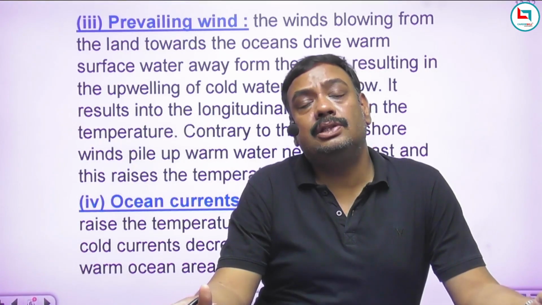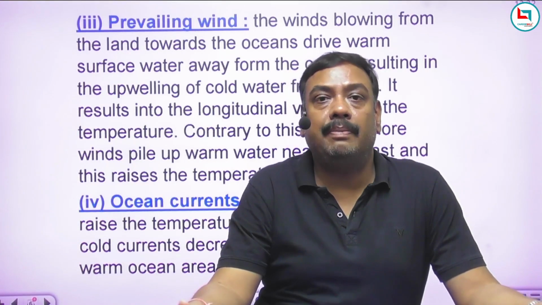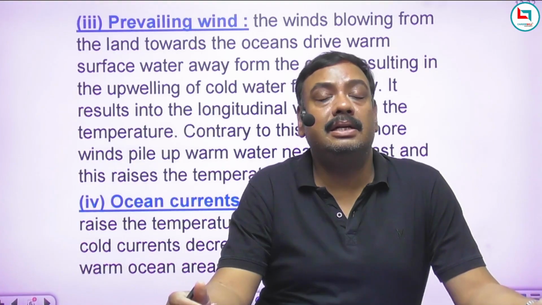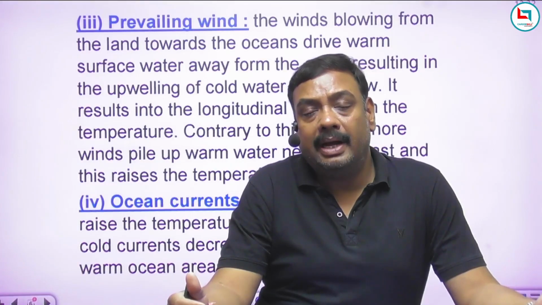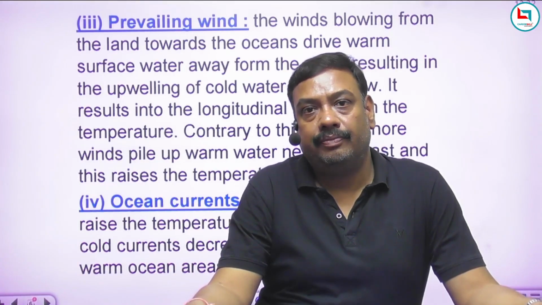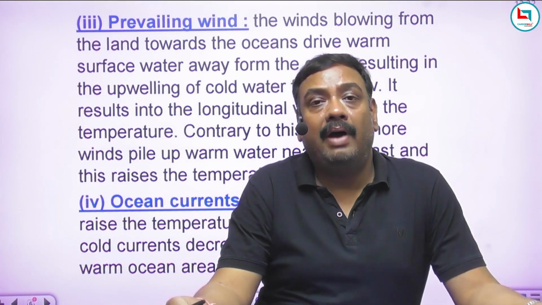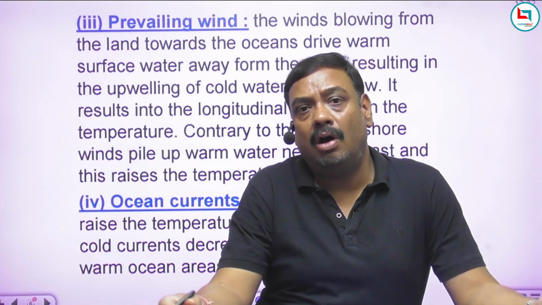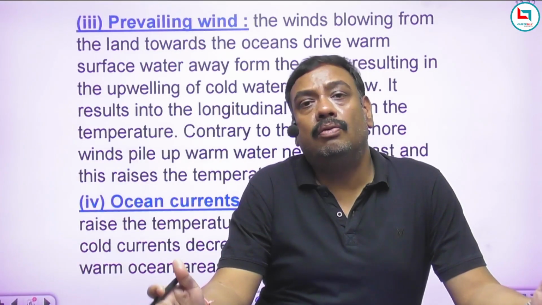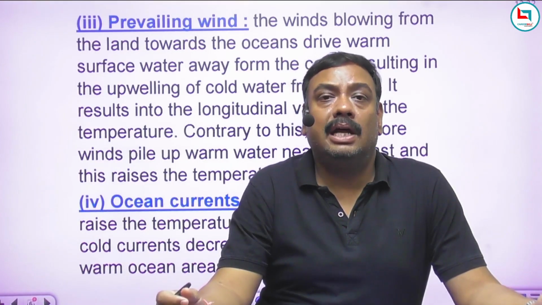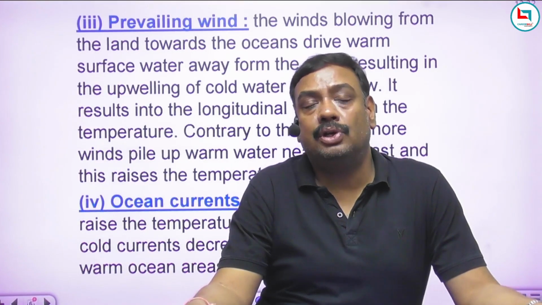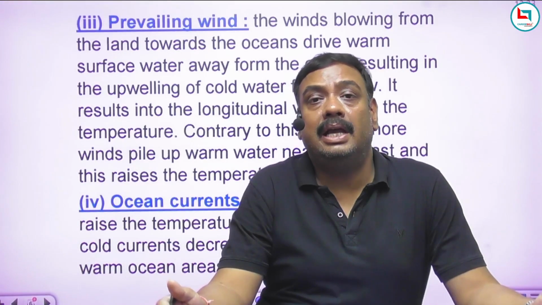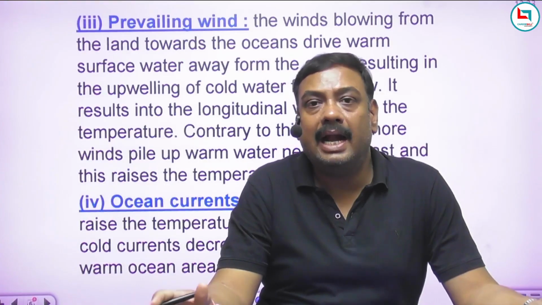We will discuss these cold currents in the later session in the chapter of ocean currents, but here you have to consider only that ocean currents are considered as warm currents and cold currents. Warm currents are defined as those currents which are able to increase the temperature at its destination or in the region through which they are passing, and the cold currents are those which are able to decrease the temperature of the ocean surface water at its destination or in the region through which they are passing. Right? In that way you have to consider.